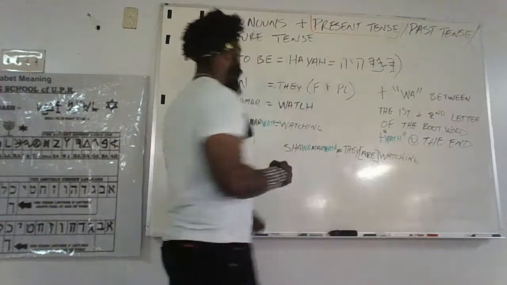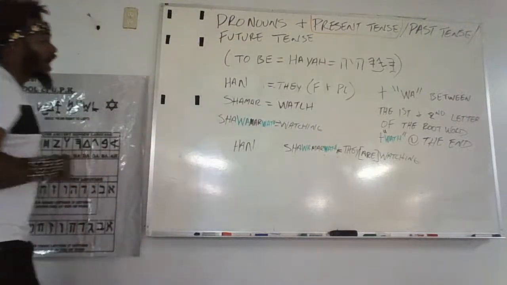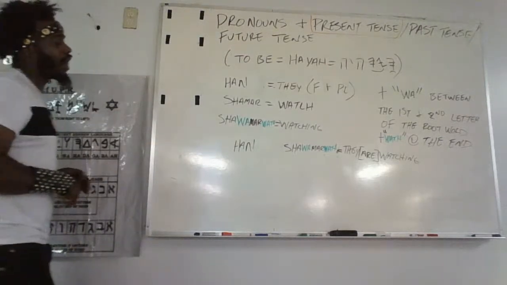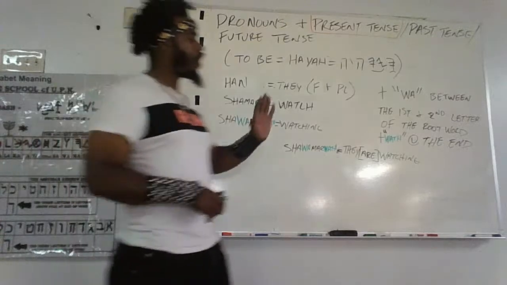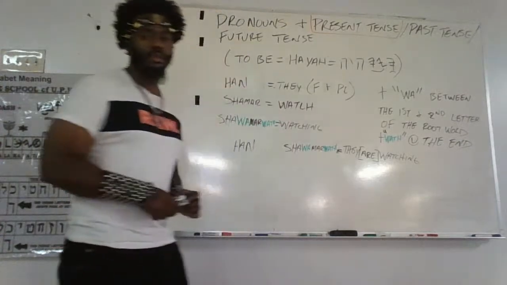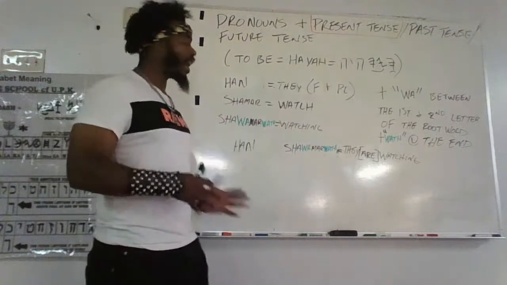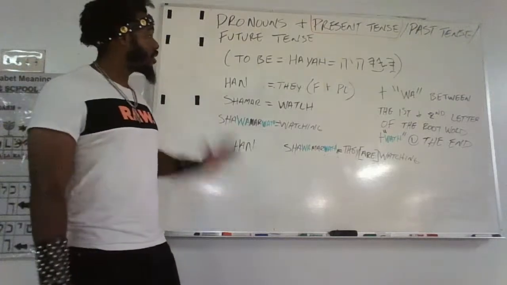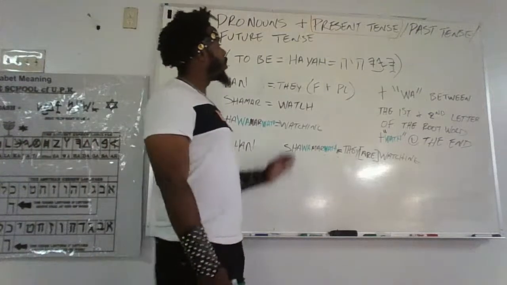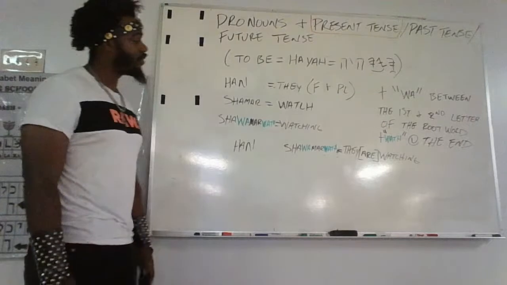All right. So the sentence would be Han Shawamar Y. They are watching. Okay. So now you have the basic premise of present tense, right?